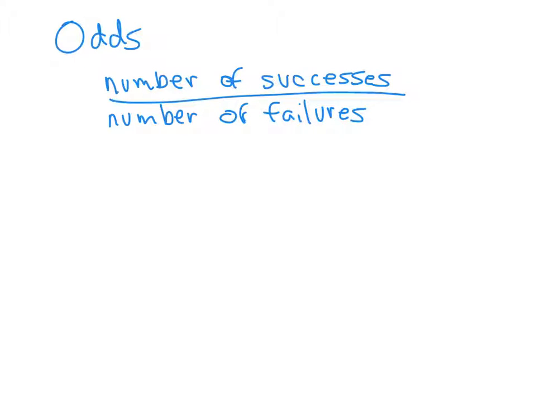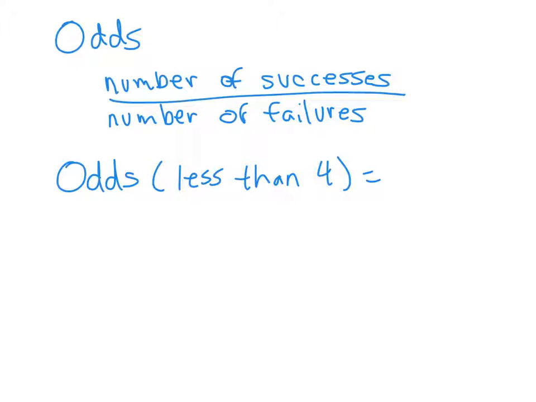So let's go back to our example of, let's say a die. Okay, if we roll a die and we want to find out the odds of getting, let's say, less than a 4, then what we would do is we would put the number of successes. So there are 3 possibilities on a die that's less than a 4, and there are 3 things that are not less than 4.